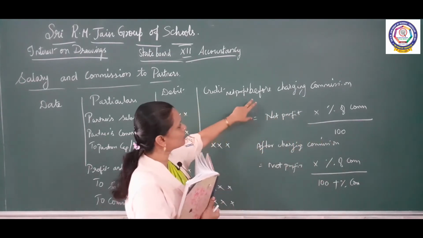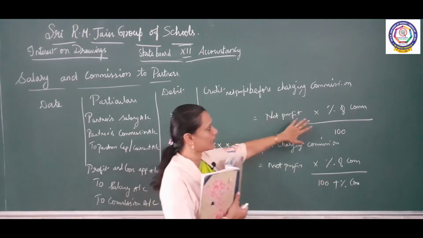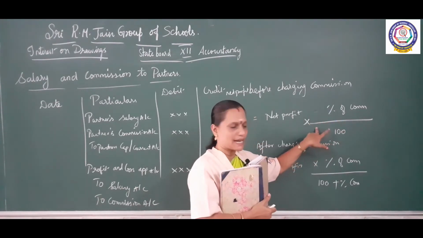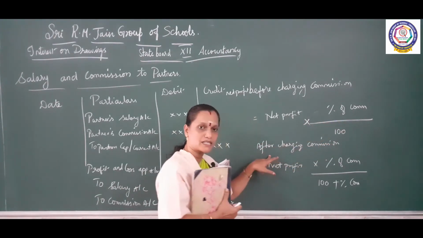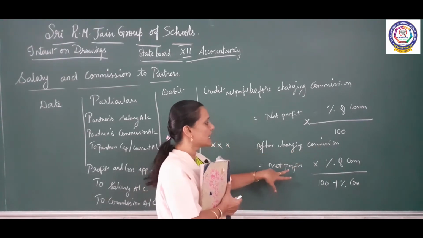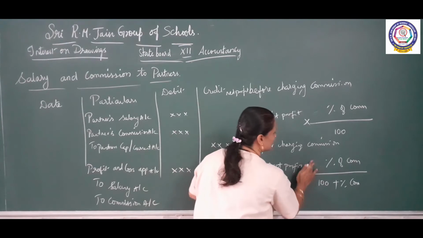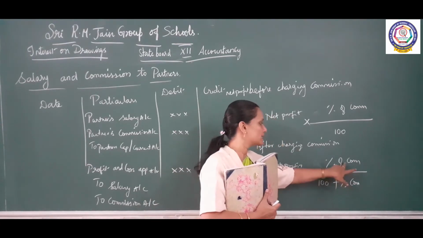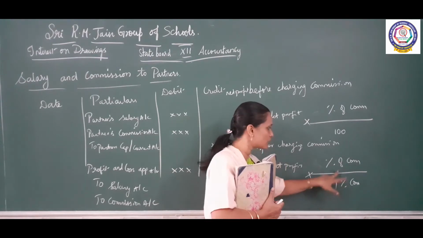So before charging commission, it is net profit into percentage of commission divided by 100. If it is after charging commission, it is net profit into percentage of commission divided by 100 plus percentage of commission. So that also we have to add.